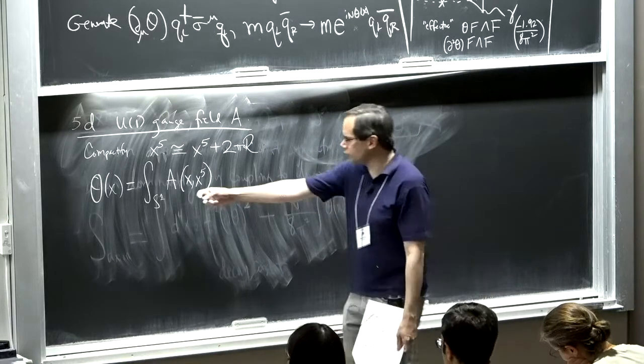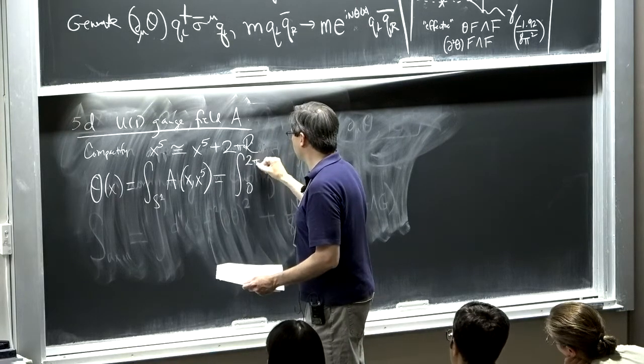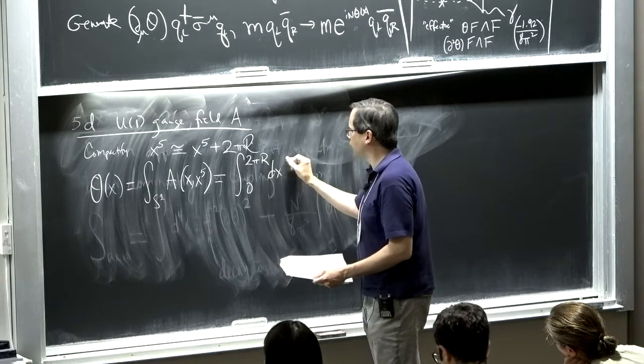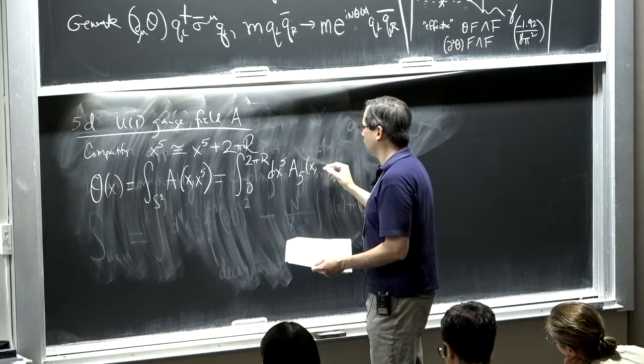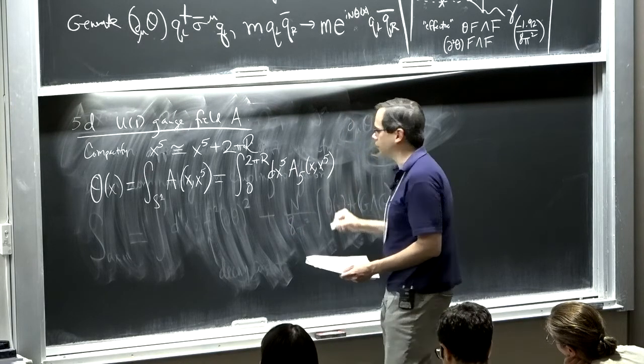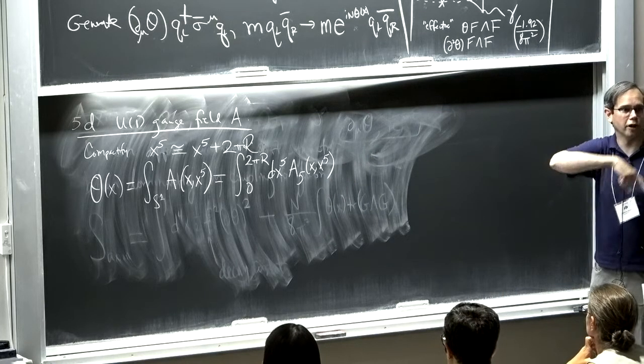This is the differential form notation for that. Writing it more explicitly, it's the integral from 0 to 2 pi R dx5 of A5 of x and x5. So we just integrated our gauge field around a loop.